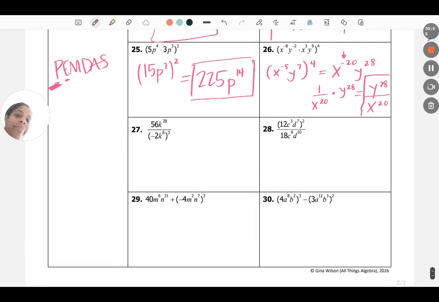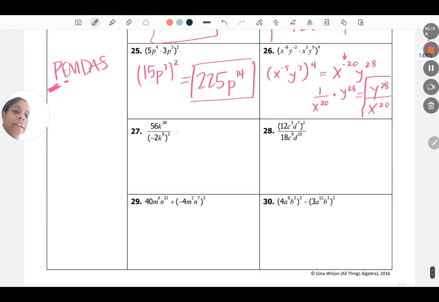Last 4. Oh, we have division down here. That's okay. We know that we have to divide or subtract the exponents because it's division. And we just divide the coefficients. But before I do that, there's a parentheses with an exponent here. I need to take care of that first before I can divide, okay? All right, so this is going to look like 56k to the 28th.